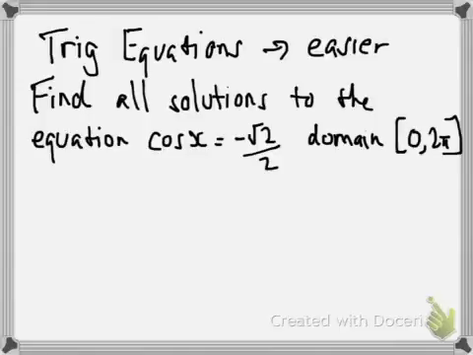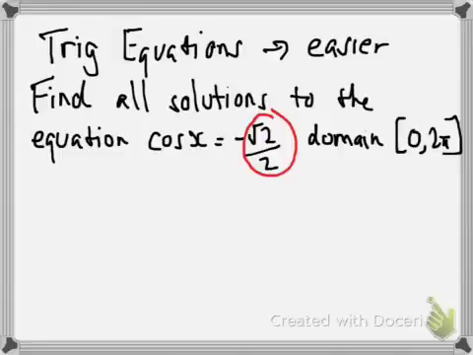Okay, what's the basic angle? Well, if I just circle that root 2 over 2, and I'm ignoring the negative for the moment, the negative is very relevant to this question, don't get me wrong, but I'm just focusing for the moment on root 2 on 2. And then I need to say to myself, well, what is an angle that has a cosine value of root 2 on 2.